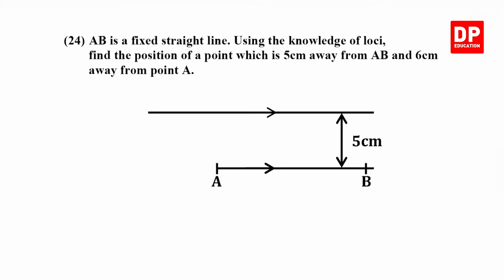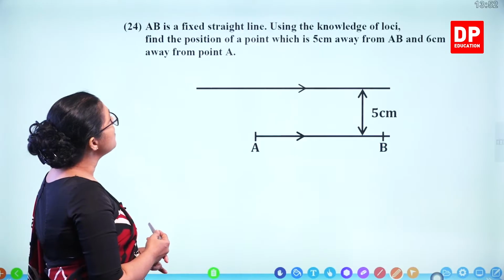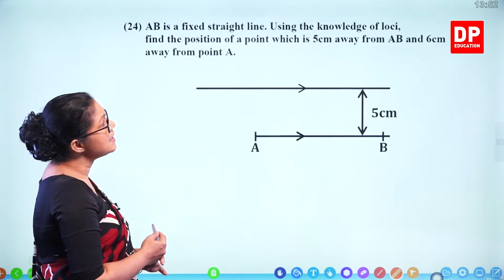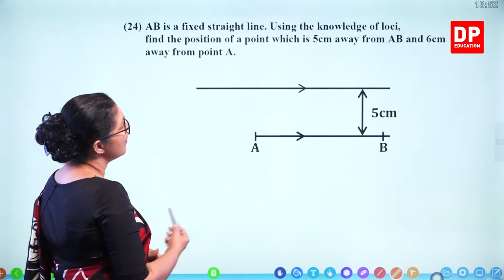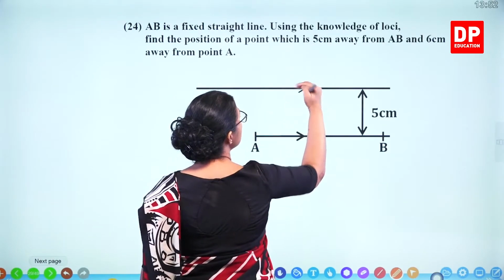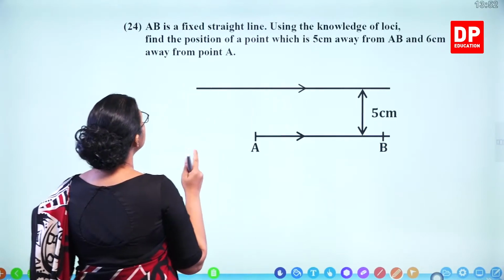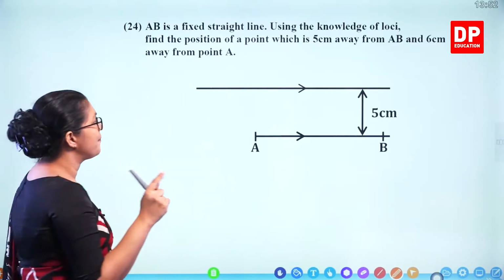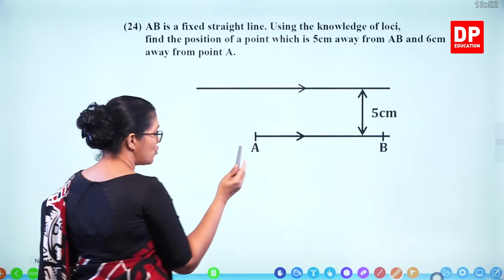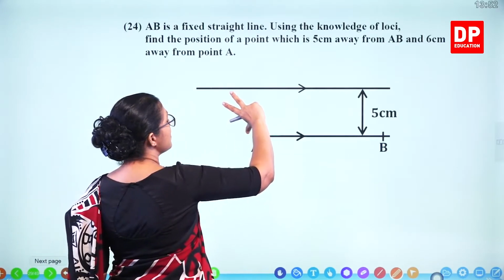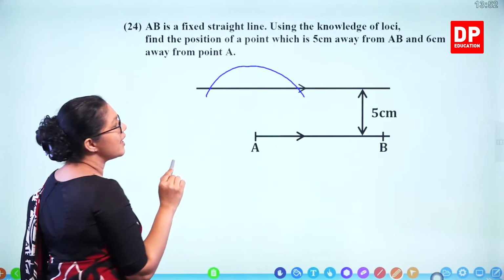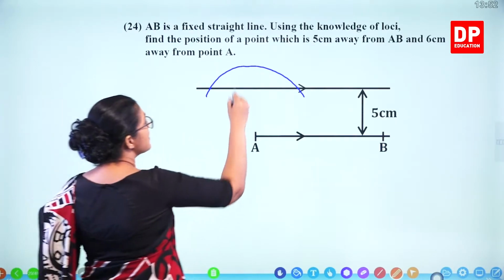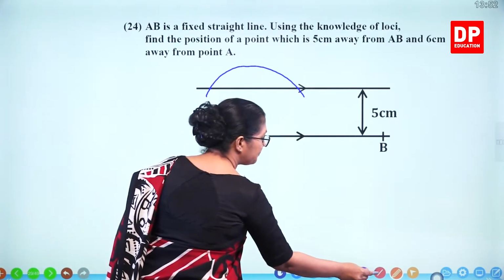AB is a fixed straight line. Using the knowledge of loci, find the position of a point which is 5 cm away from AB. That's already drawn. 5 centimeters away from AB and 6 centimeters away from point A. So 6, what you do, you take the compass with 6 centimeters and you can draw a circle. So when you do that, you get an arc like this. So that's 6 centimeter length.